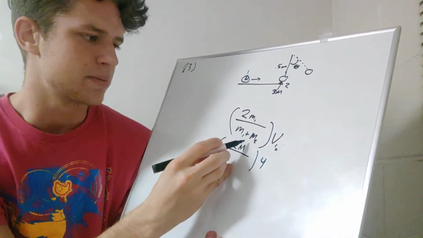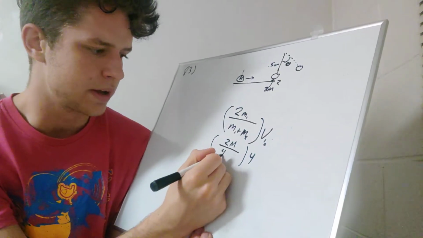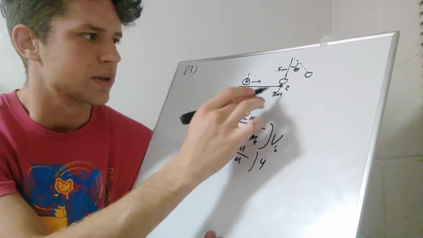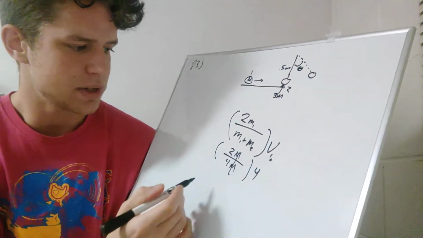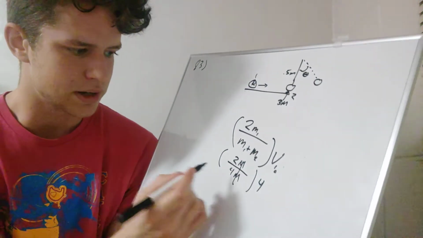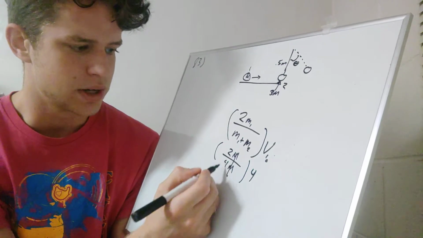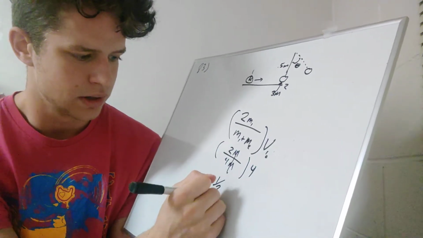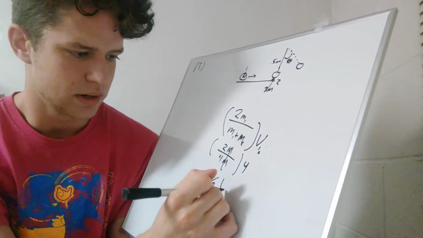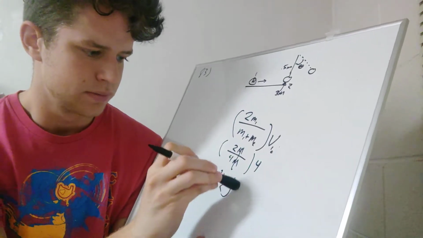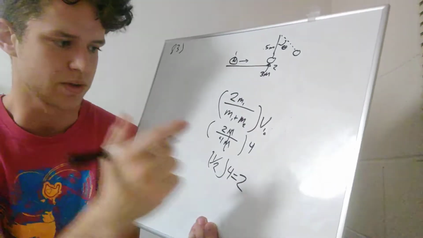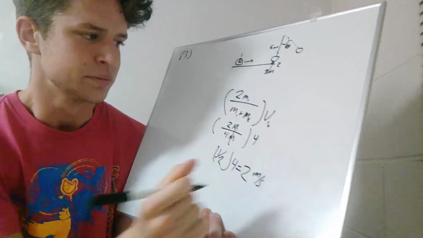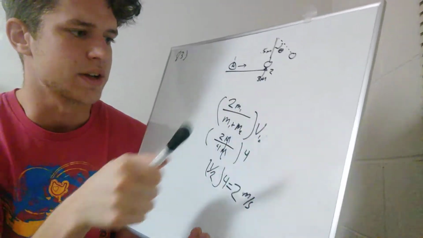Then mass 1 plus mass 2 is going to be 4m, because this is m plus 3m, so that's 4m total. You can cancel out the m's. We don't have to worry about whatever unit they're in. And then you end up with 1/2 here, times 4 equals 2, because half of 4 is 2. So 2 meters per second is our velocity here.